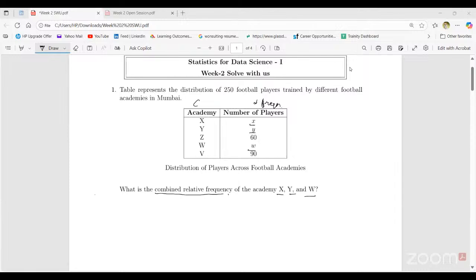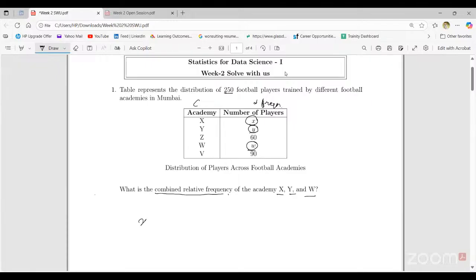So how did we get this? We need to find out the combined relative frequency of the academies X, Y, and W. We don't have the values of X, Y, or W. But we have been given that there are in total 250 football players.